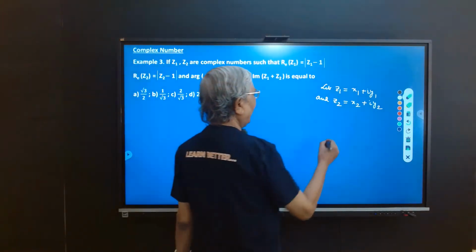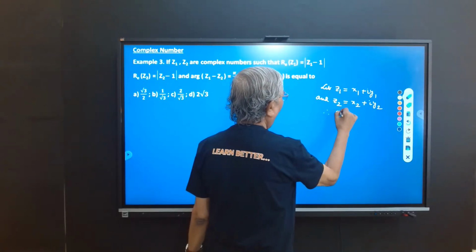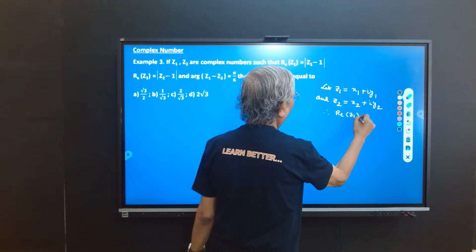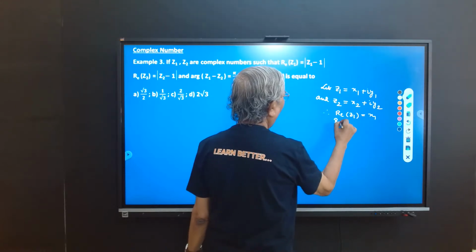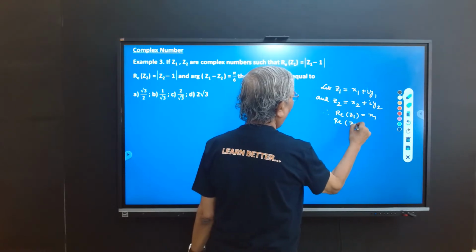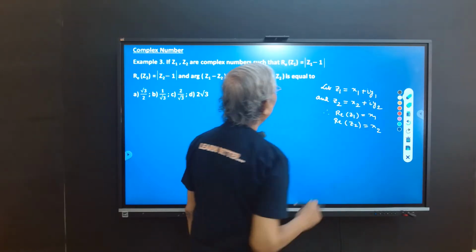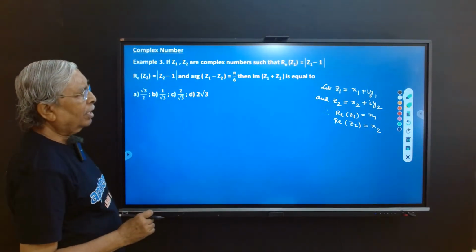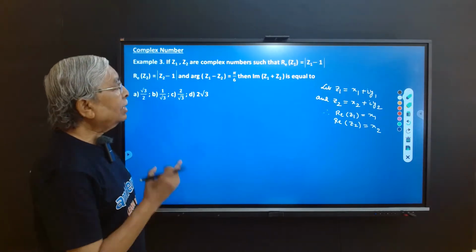So you can write real part of z1 is x1 and real part of z2 is x2.